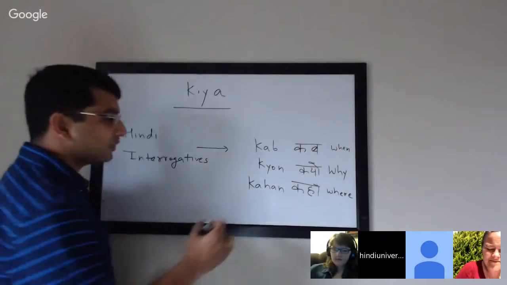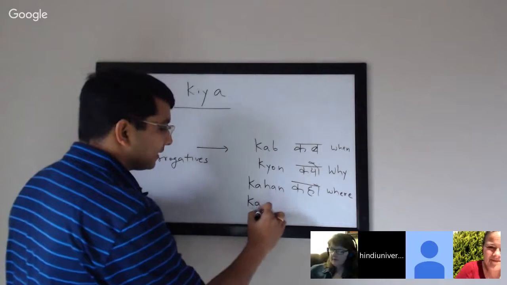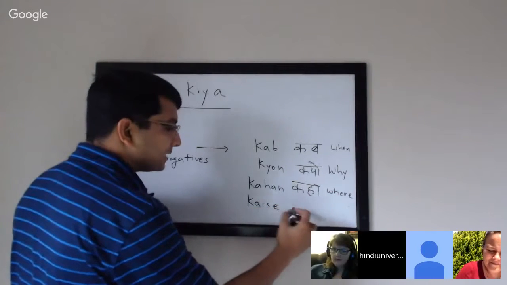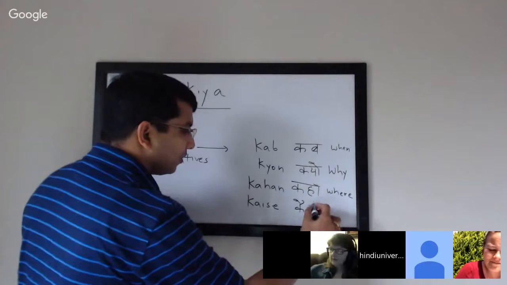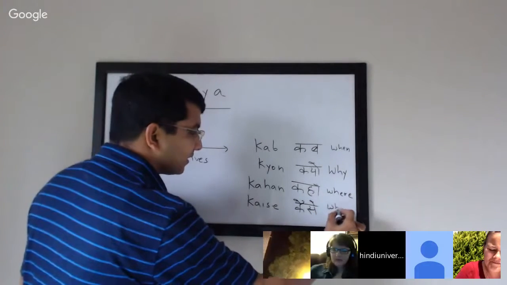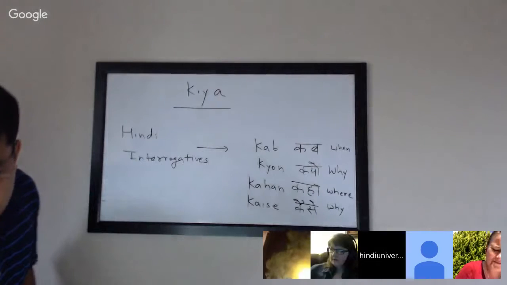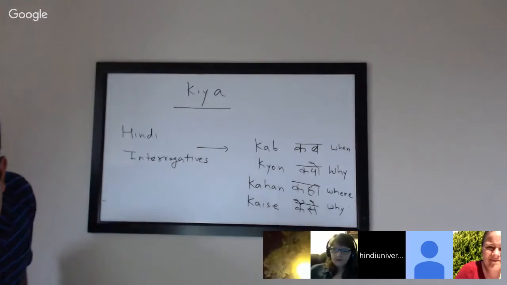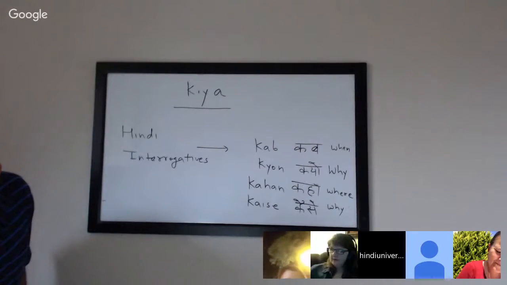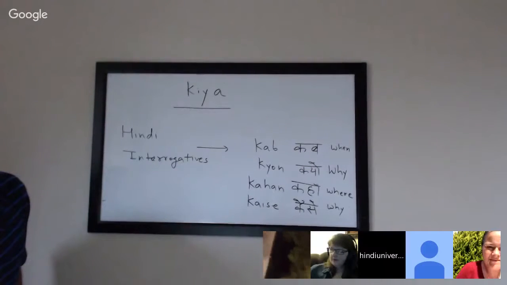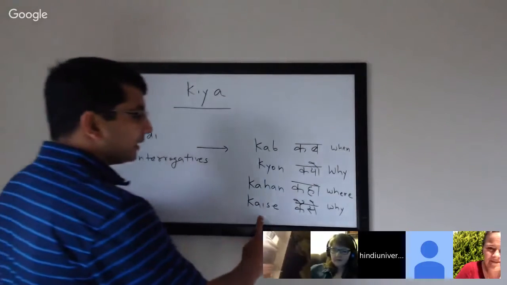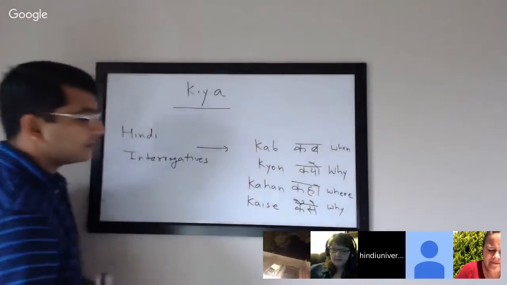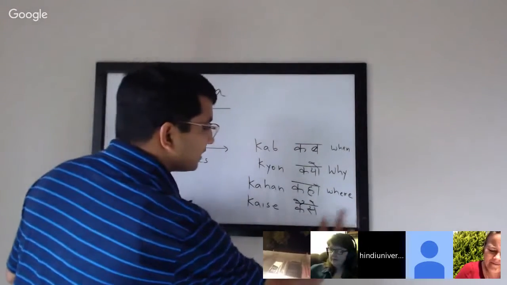Okay, and the fourth one I have is Kaise. Kaise is how.